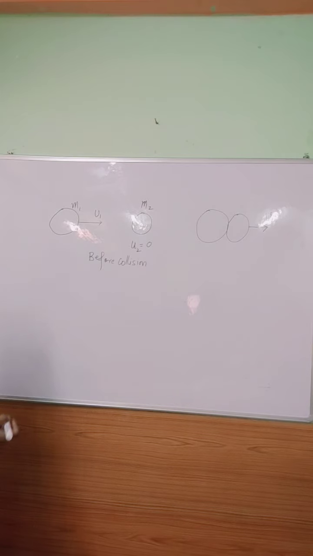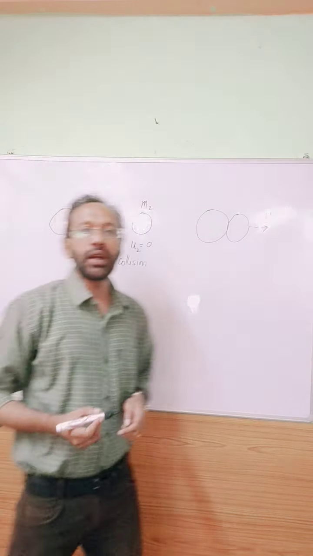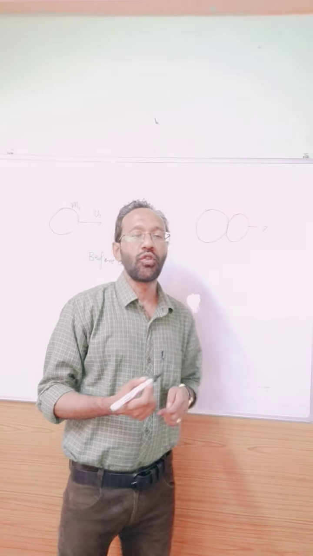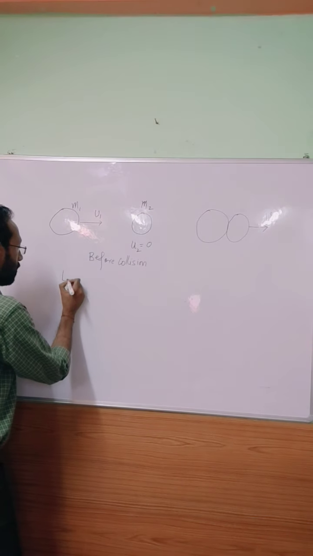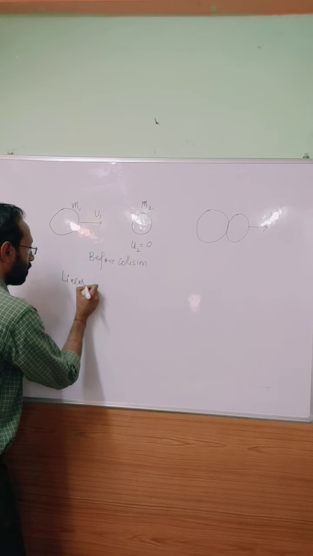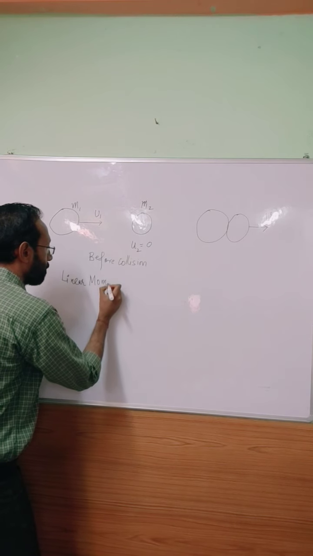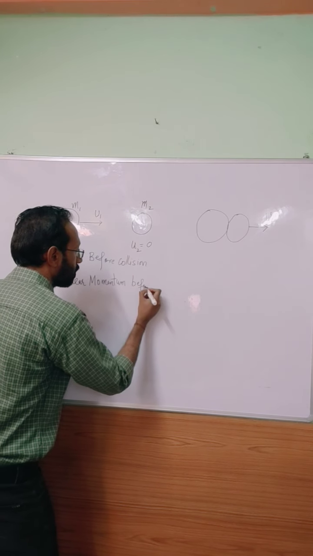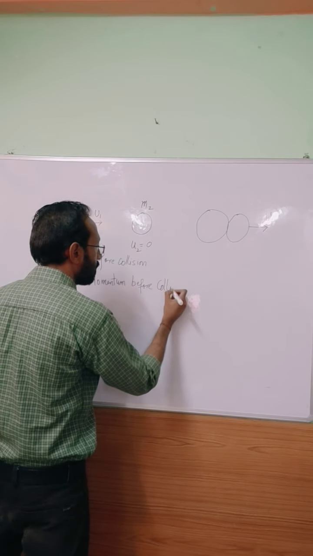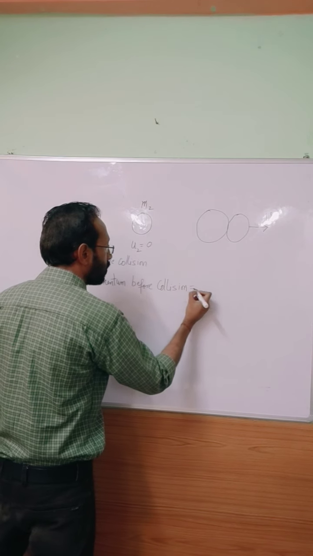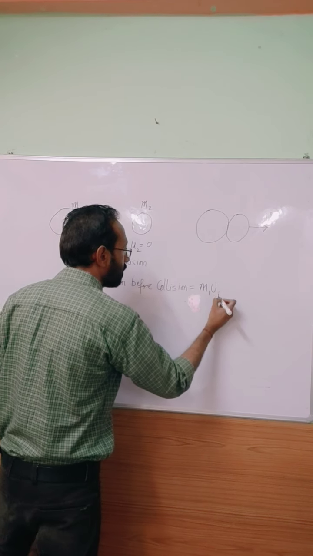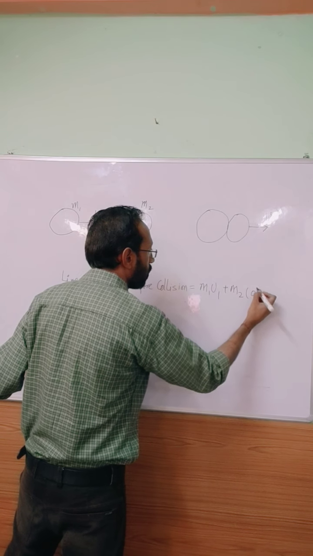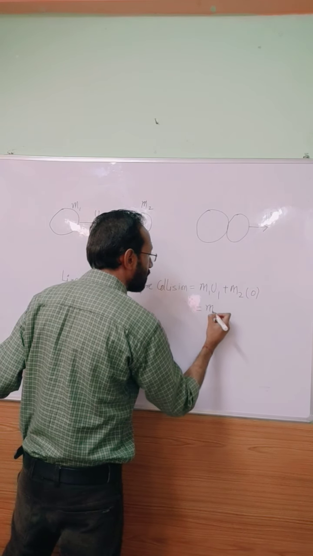You know, during inelastic collision, linear momentum is conserved. So linear momentum before collision is equal to m1 u1 plus m2 into 0, which becomes m1 u1.